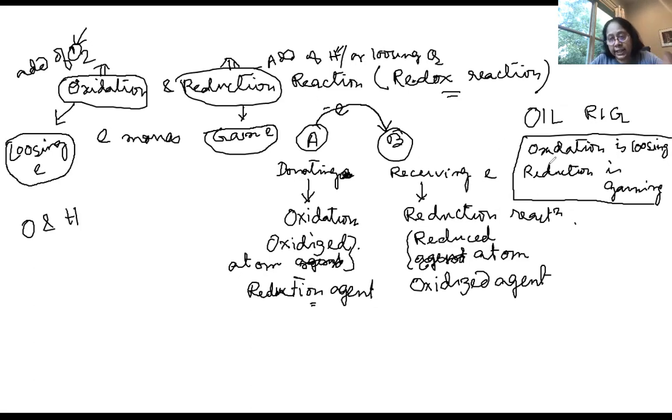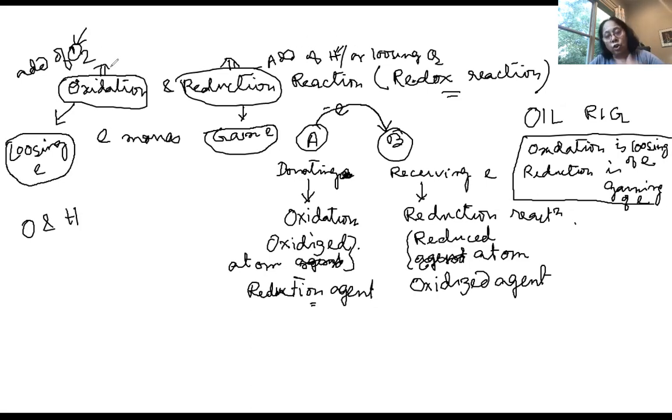But the actual definition is that oxidation is losing of electron, and reduction is gaining of electron. But to do the math in chemistry, we actually look at oxygen and hydrogen.